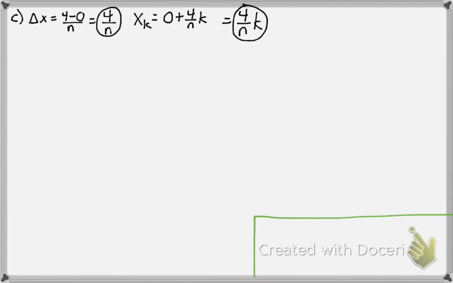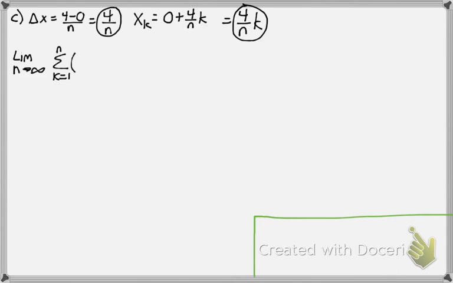I'm referring to this formula for the definition of the definite integral. So this is going to be the limit as n approaches infinity, with k going from 1 to n.